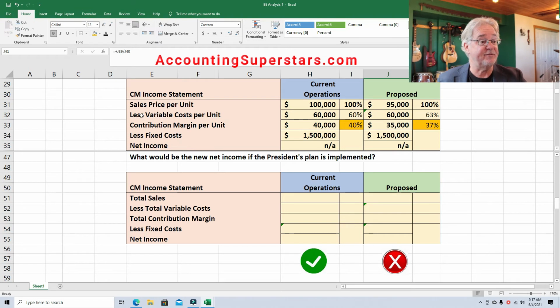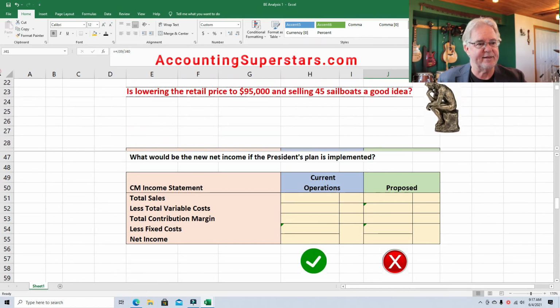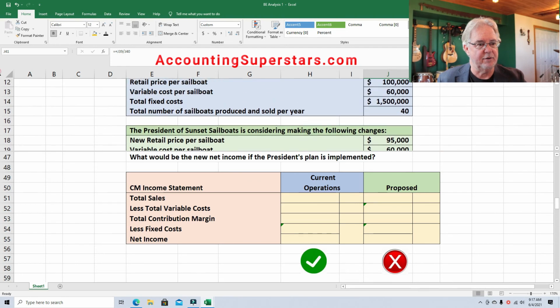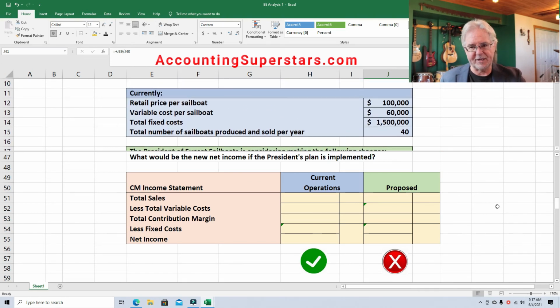And rather than less variable cost per unit, we'll have less total variable costs, okay? So this was on a per unit basis. This is going to be on a total basis, but it's the same idea. That's a cool thing about all this. It's not that hard.